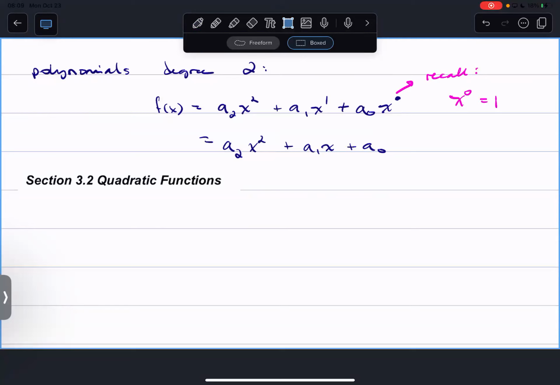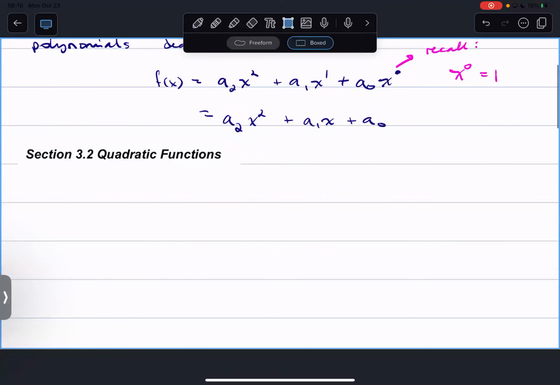Quadratic functions are pretty fun. Back to basics. Yeah, disbelief. I don't understand. They're pretty fun. And they happen kind of naturally in a lot of different scenarios.